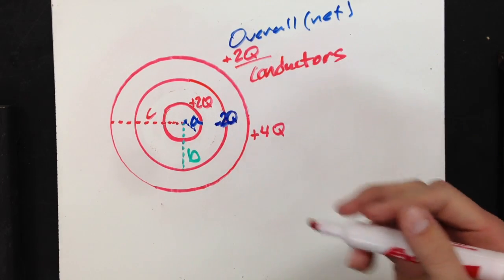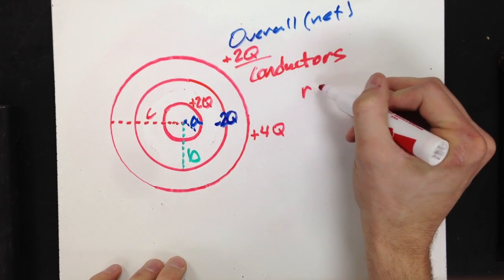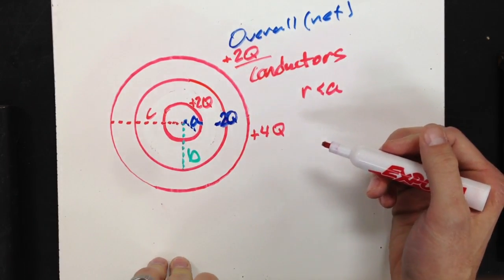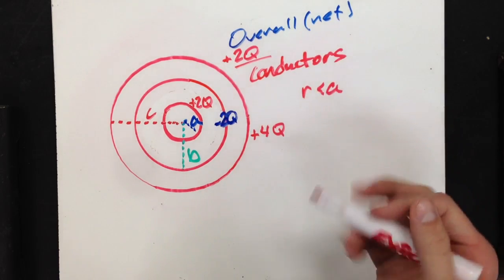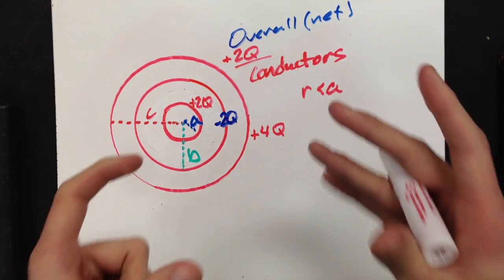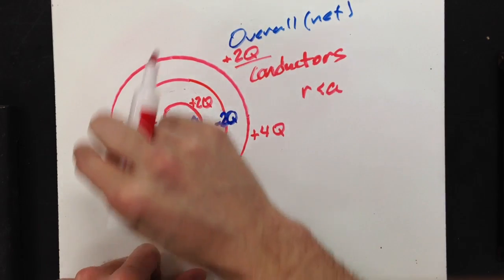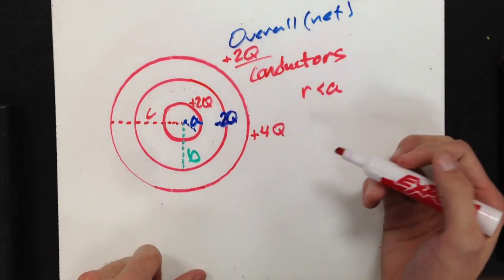Now, if we're talking about the electric field for when r is less than a, I'm inside this conducting sphere. And we know that for conducting spheres, all of the charge is located on the outer surface. They have an equipotential surface, so there's no potential difference anywhere across the surface of a conductor.